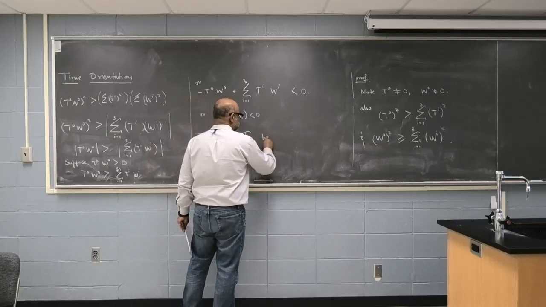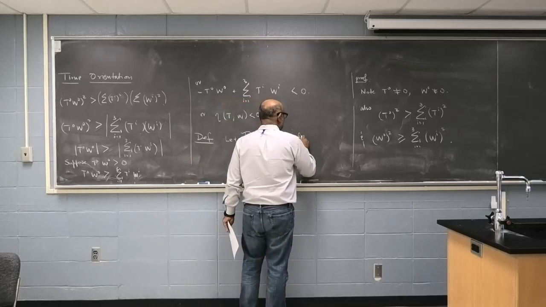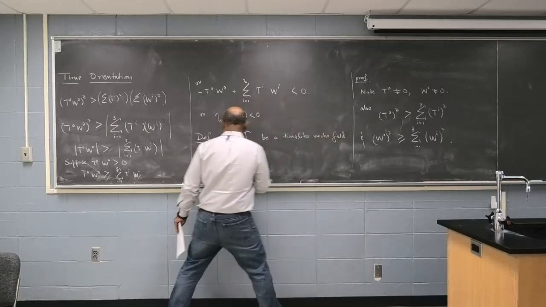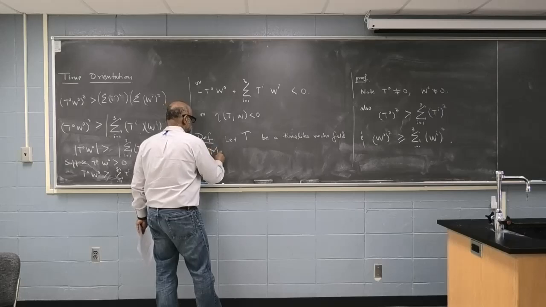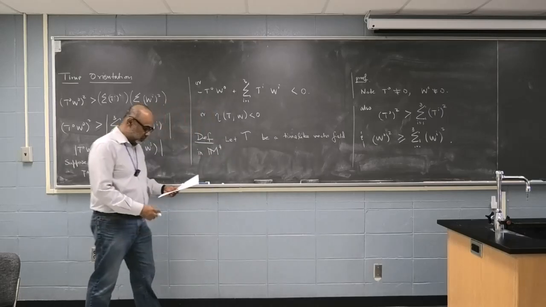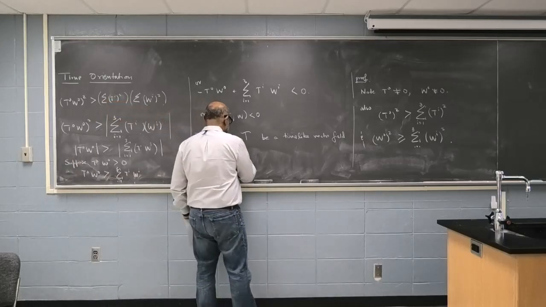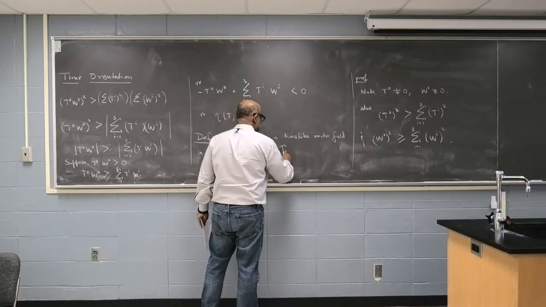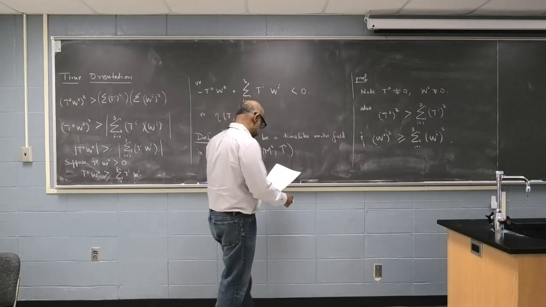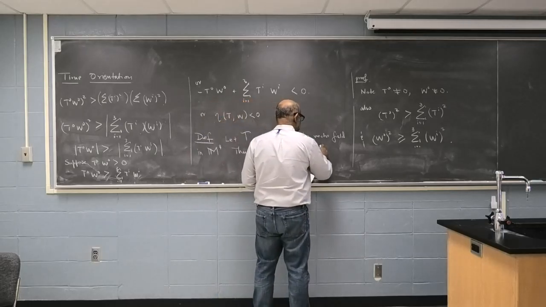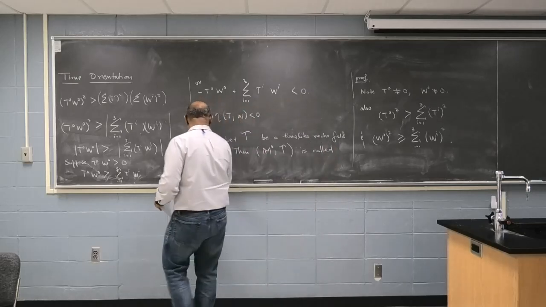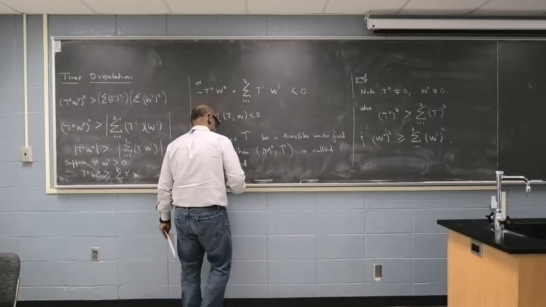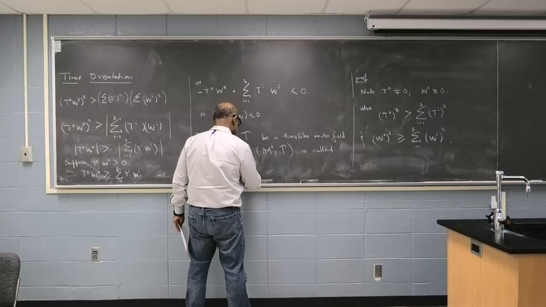Let T be a time-like vector field in Minkowski spacetime. Then the pair M4, T is called a time-oriented Minkowski spacetime.